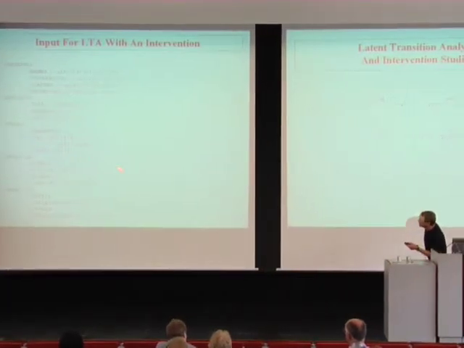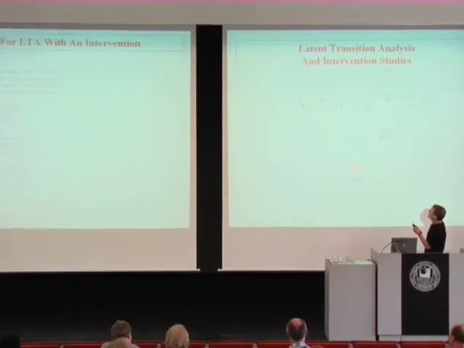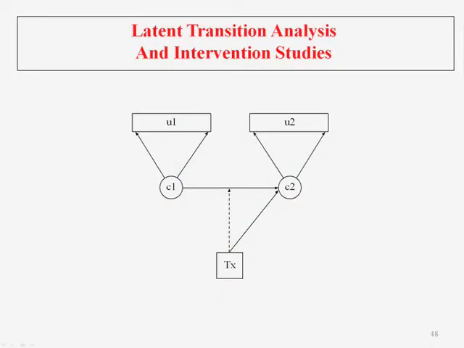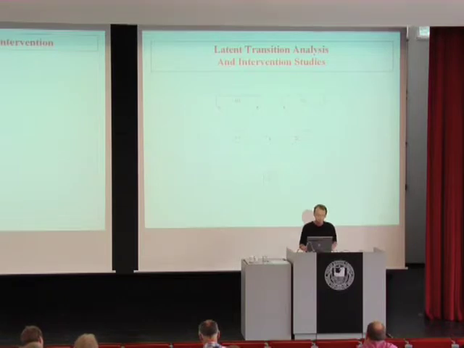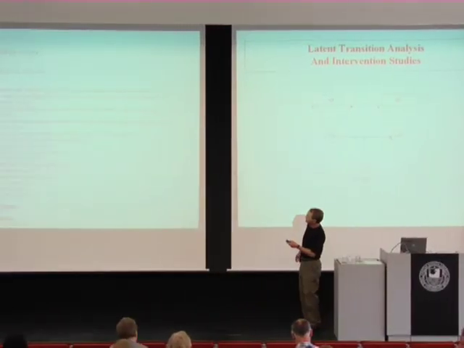So what you're looking at here, you might circle that and give it a name like X and say that that corresponds to that broken arrow, the broken arrow saying that the regression of C2 on C1 is different for the 2 groups. That's the essence of this example.